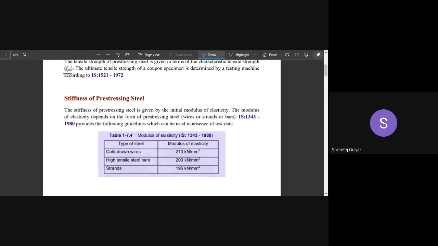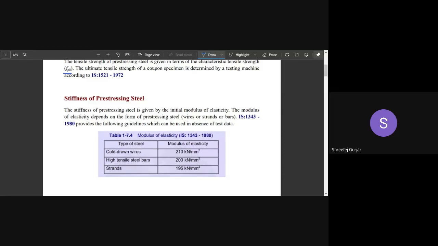Your strand has lesser stiffness because whenever we apply tensile force to a strand, that force is not equally divided among all the wires. Some wires are more stressed and some are less stressed.